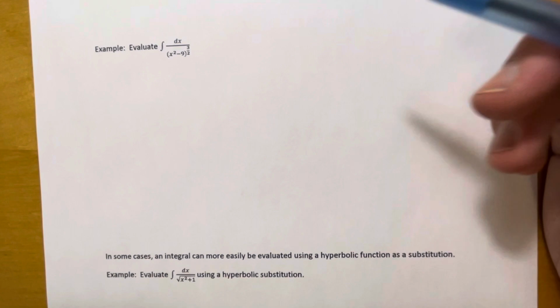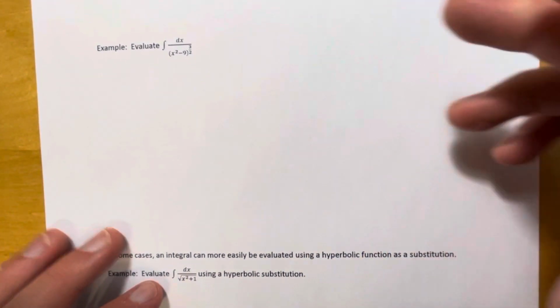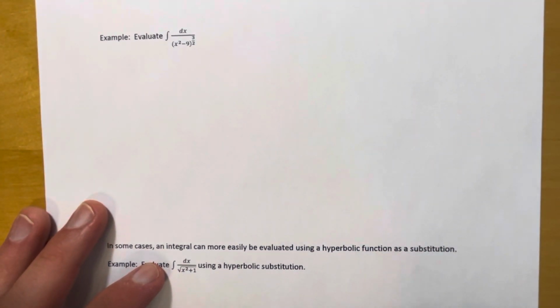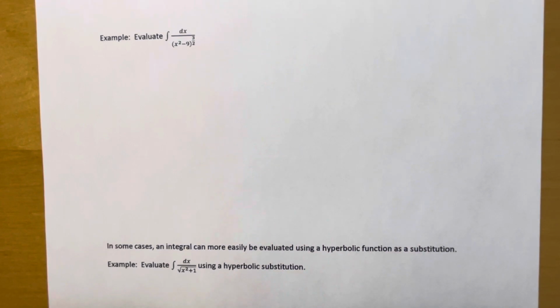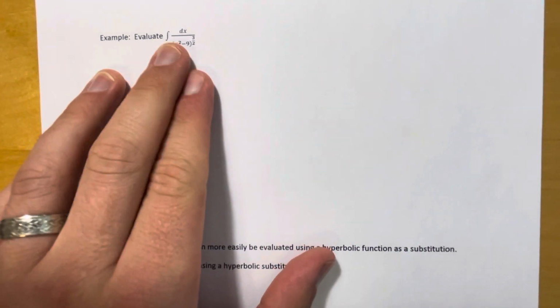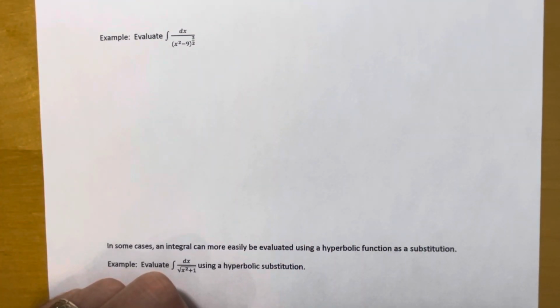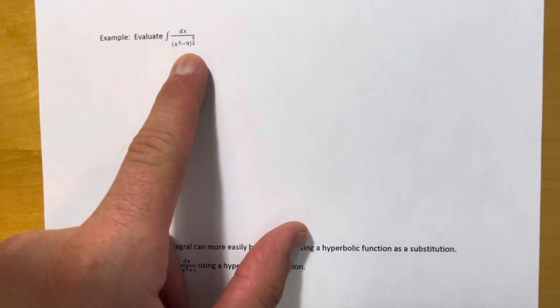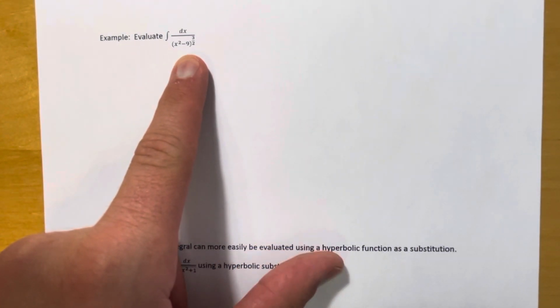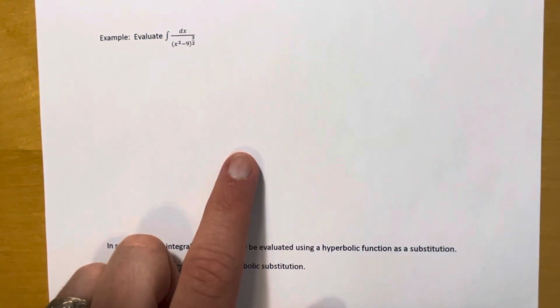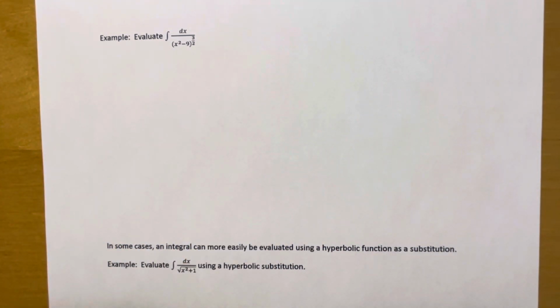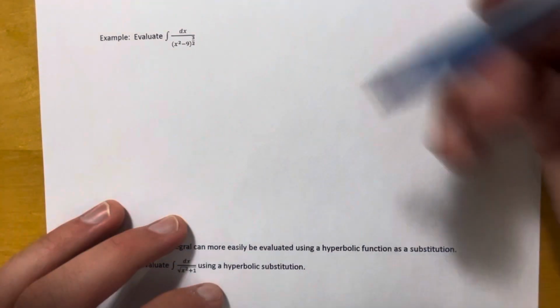I'm not going to write that radical. I'm fine with the rational power being there, but I'm going to think of this as a trig substitution the way that I would if that radical was visible. So I have an x squared minus 9. If you refer to the table in the previous video, this is the type of trig substitution that would involve a secant function.